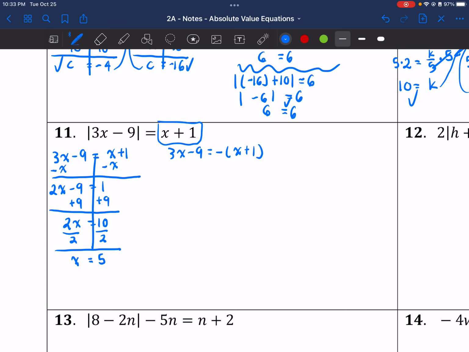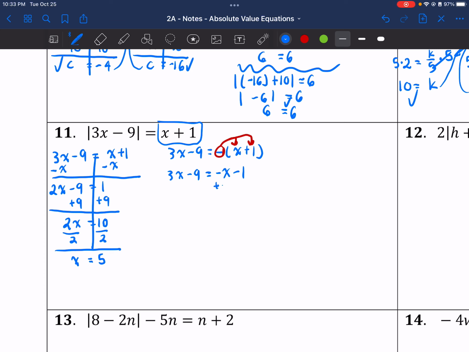Now let's work on the right side equation. Since we have this negative, this is technically negative 1. We're going to take this negative 1 and distribute it into our parentheses. And now we end up with 3x minus 9 is equal to negative x minus 1. So now we want to move all our variables to one side.